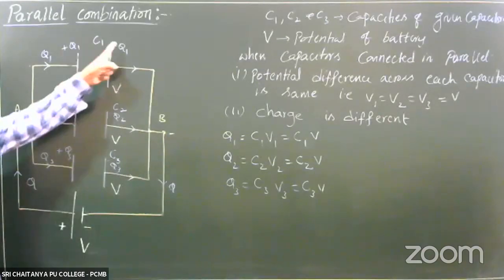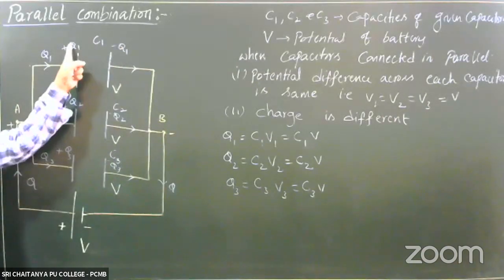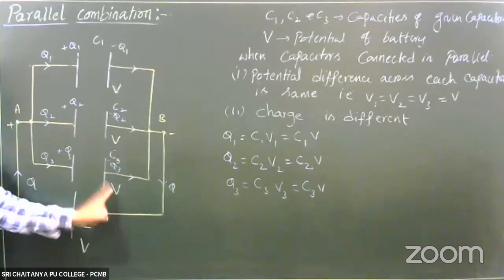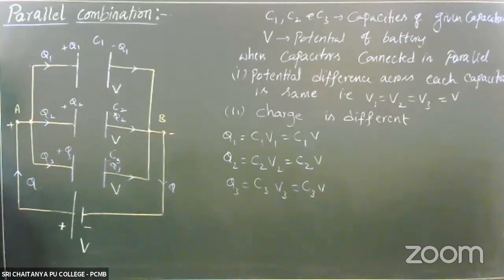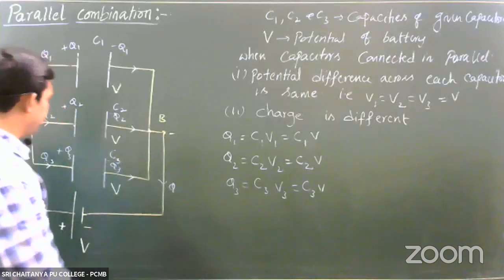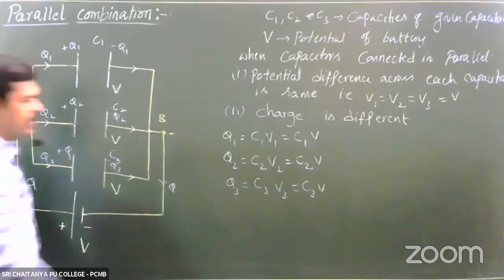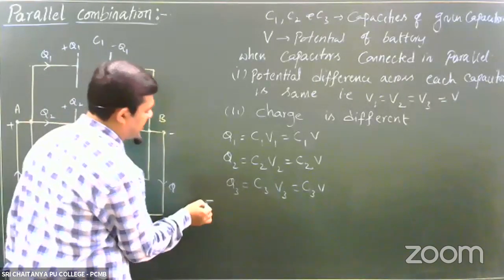Capacitances are different, potentials are the same. So Q1 is equal to C1V, Q2 is equal to C2V, Q3 is equal to C3V. If you observe this, the total charge coming into the circuit is Q, dividing as Q1, Q2, Q3. Then what is the question we get? What is the resultant capacity? Yesterday I told you what is resultant capacity.